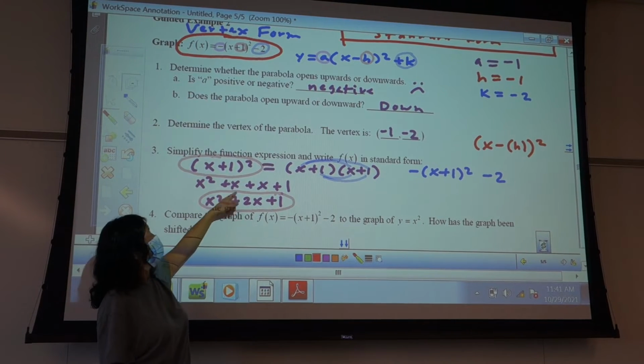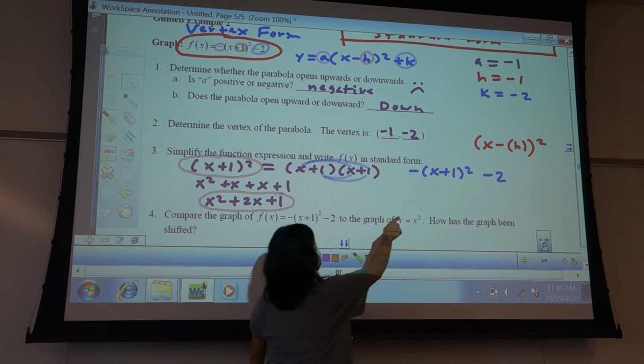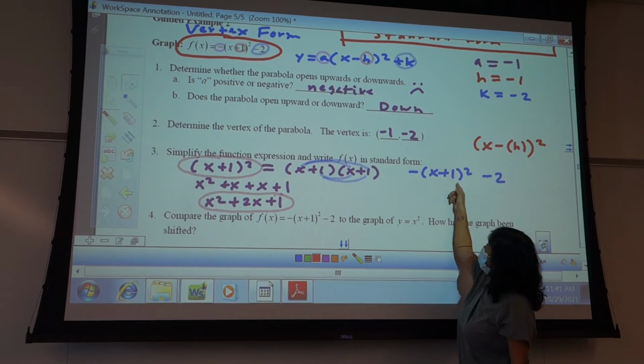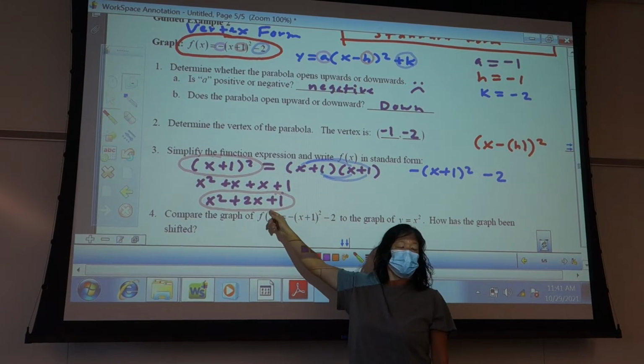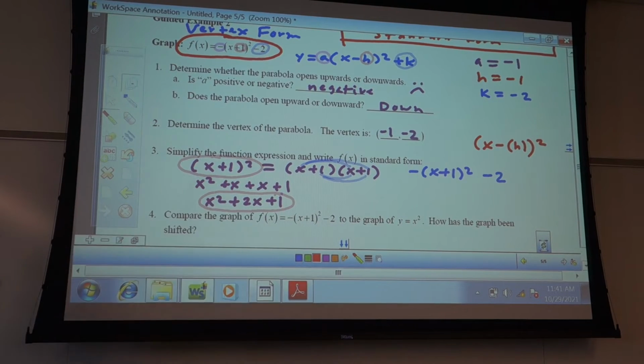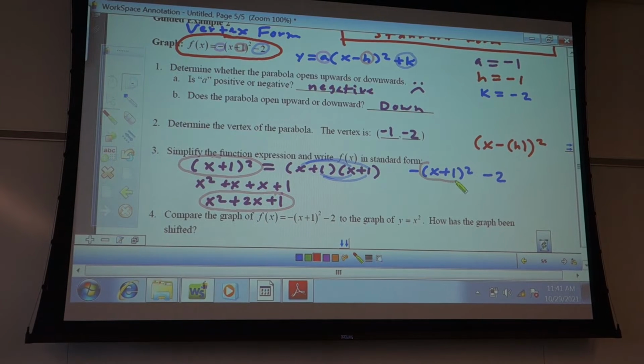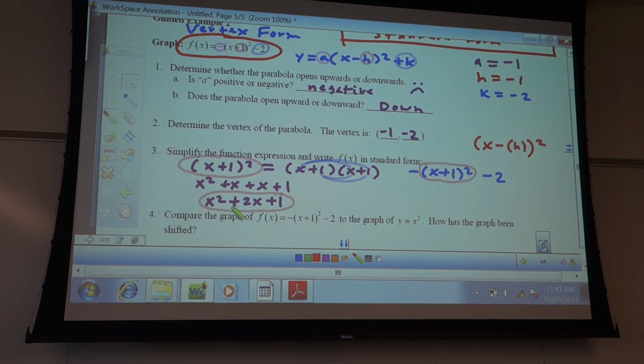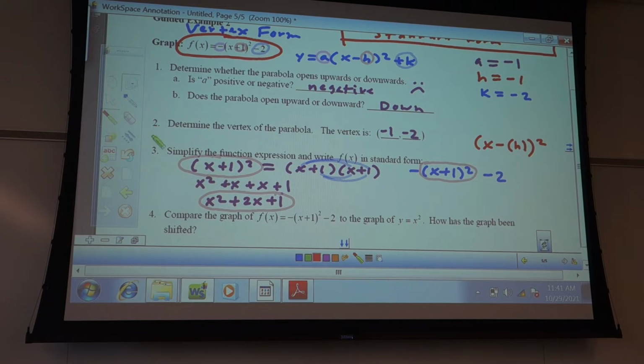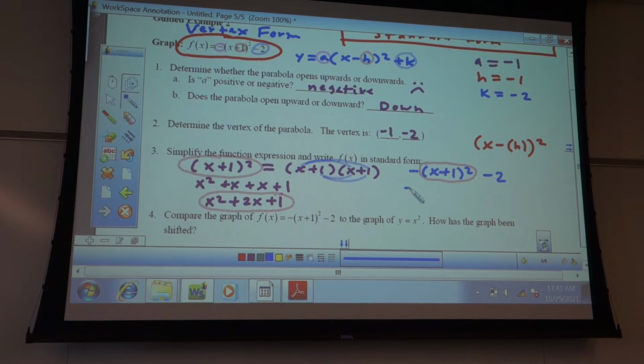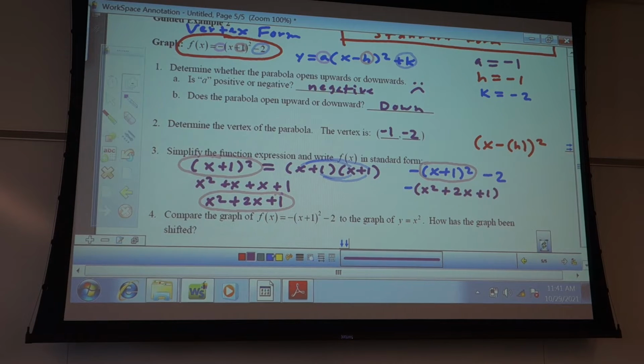So now what we're going to do is everywhere we see this in our original equation, instead we're going to put in this in parentheses. So I'm going to take this part here, and instead I'm going to write in what I have down here. So it's going to be minus parentheses x squared plus 2x plus 1 minus 2.